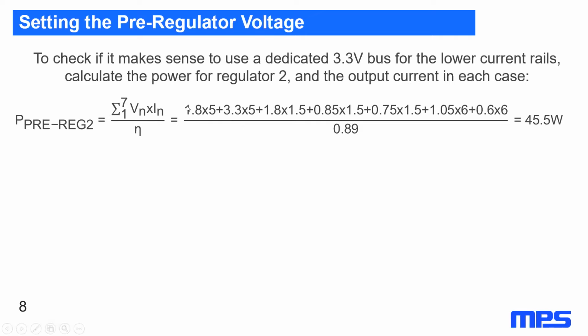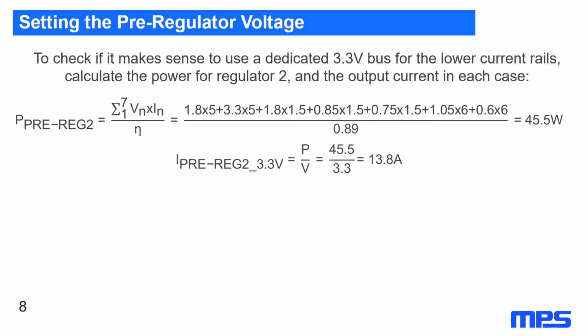So we are dividing all these products by 0.89. Some rails will have higher efficiency, some rails will have lower efficiency, but based on our experience, since we deal with power converters all day, we know that 89% is quite a good number to calculate this. So we add all these powers, and we get a total power of 45.5 watts for these low current bus rails.